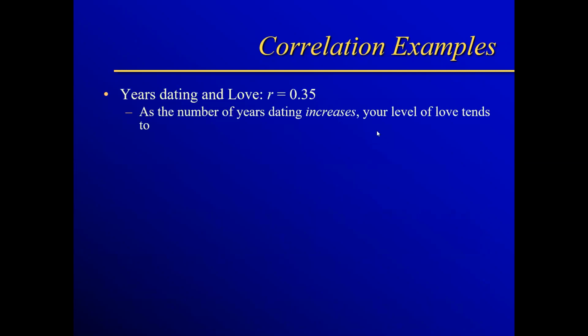Yeah, so we can interpret these correlations. If I just give you an R value, and once again, I'll show you how to do this in SPSS and what it looks like in SPSS, you can interpret correlations just based off an R value.